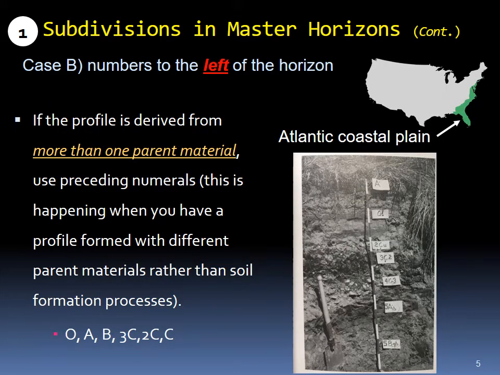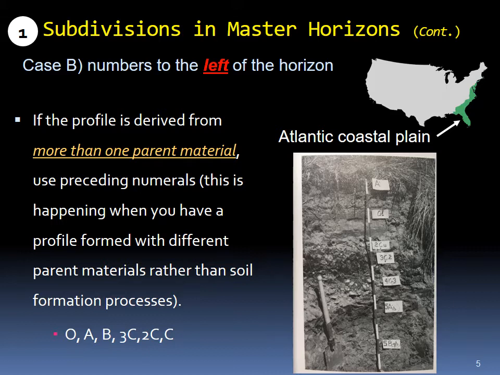However, the numbers that exist to the left of the horizon can tell us a lot of interesting stories about the formation and the history of that particular soil profile. We usually put the numbers to the left to indicate that that particular soil horizon is formed from a different parent material, rather than by the soil formation processes.